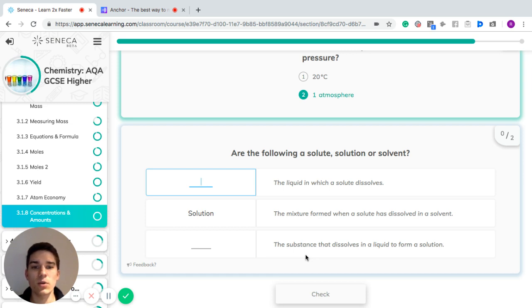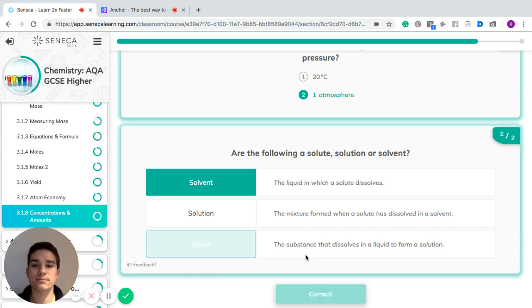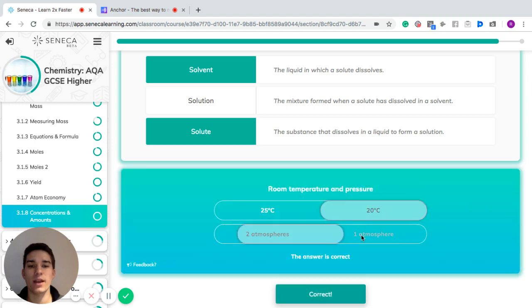The liquid in which a solute dissolves is called a solvent. And the substance that dissolves in a liquid to form a solution is called the solute. And just to remember again, see if you can remember this, room temperature and pressure. What is that? It's 20 degrees Celsius and 1 atmosphere.